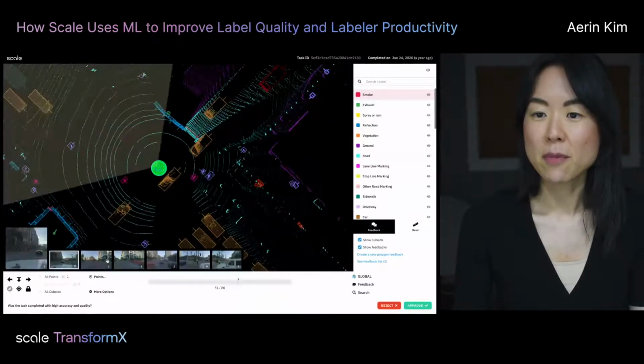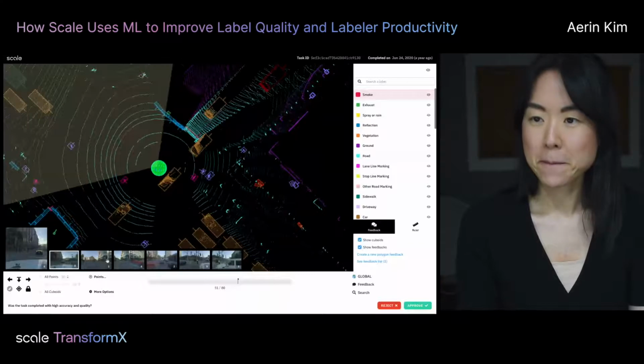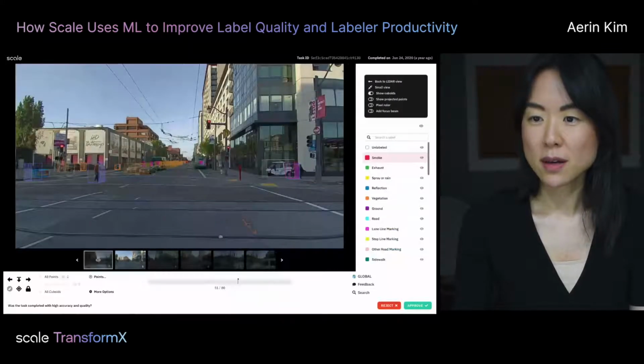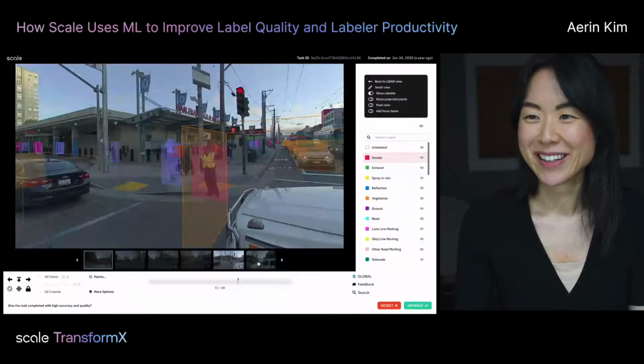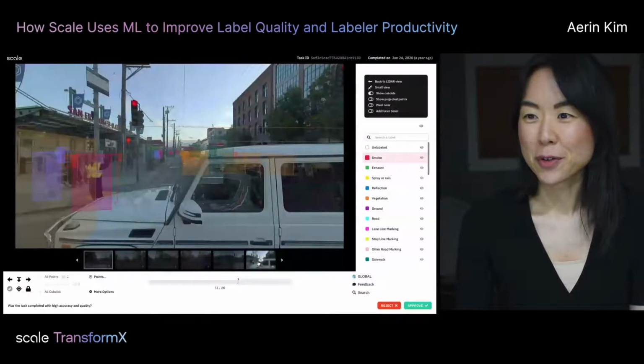And let's look at the camera view one more time. Camera 1, camera 4, camera 2, 5, San Francisco Caltrain station. Back to the LiDAR view.